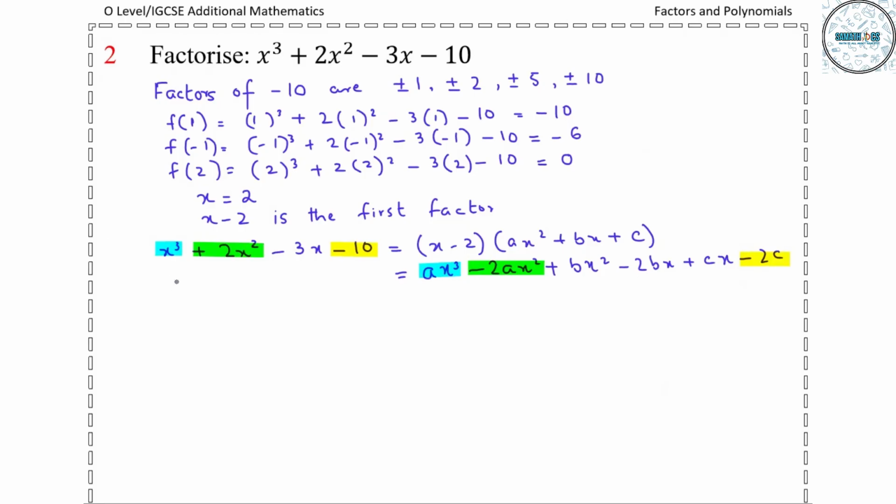So when we equate x cube and ax cube, a is equal to 1 because the coefficient of x cube is 1 here. Then 2x square is equal to minus 2ax square plus bx square as well, because this is also the term in x square.